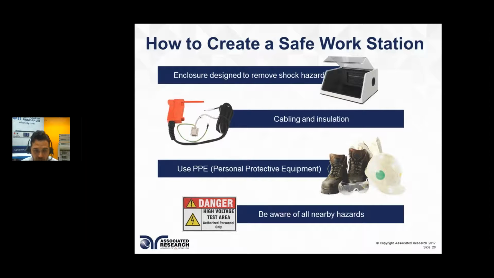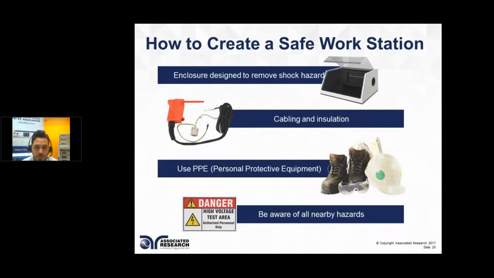Our interlock is there to open or close the output relay. It's like a key to your car. It's not going to start if that key's not in there. Whenever this door opens, I've just pulled the key out of my high-pot tester, so there's no way it's going to output. That's a way to dummy-proof your testing station, right?